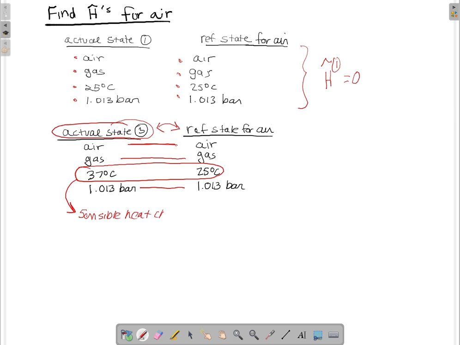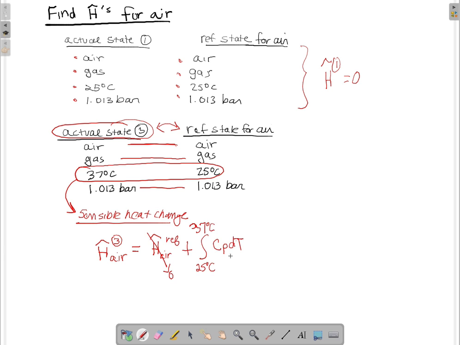And so we can easily calculate what the specific enthalpy of air is under these conditions. It's going to equal the specific enthalpy of air at its reference state, which is 0, and we go from the temperature at the reference state, which is 25 degrees C, to its actual state in stream 3, which is 37 degrees C, and we integrate Cp dT with respect to temperature.